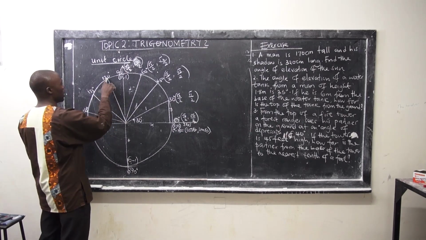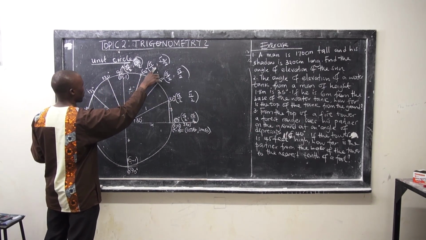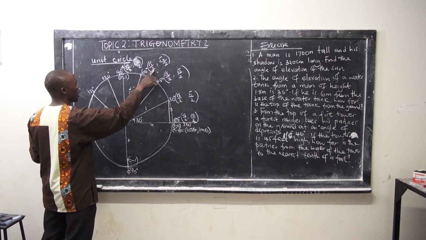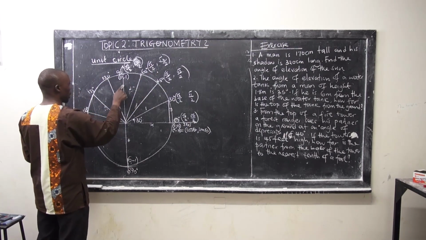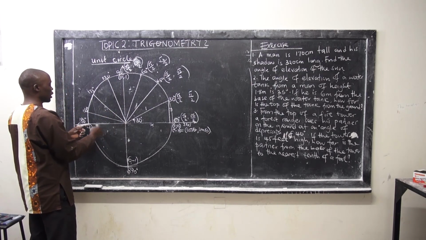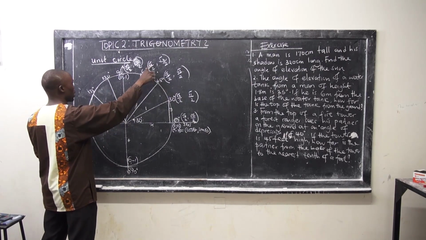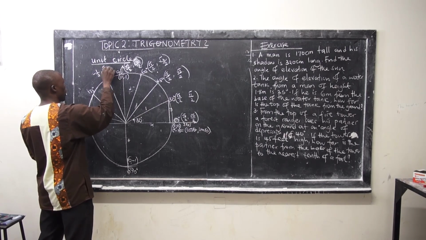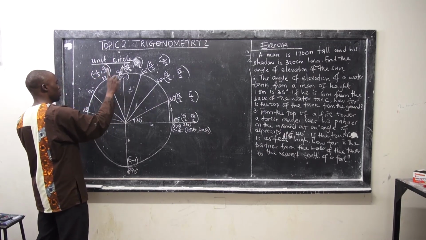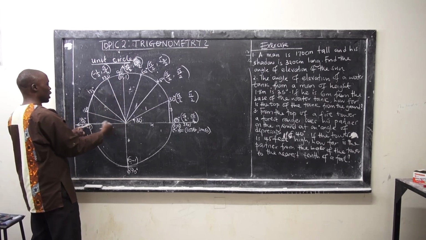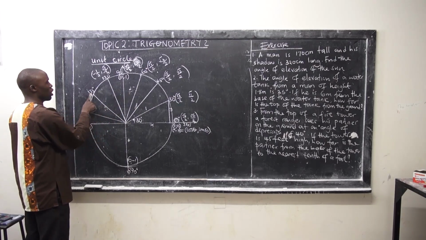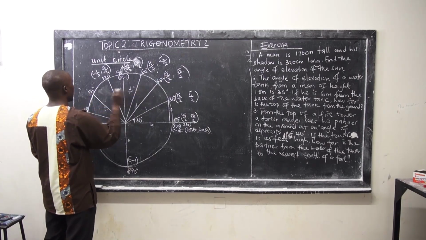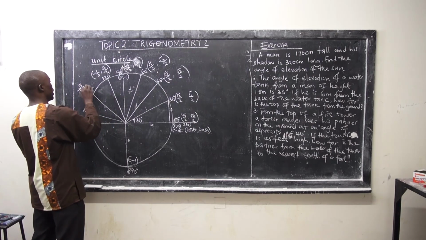Now the exact ratios or values corresponding to 120: we look at the axes here. The x-axis is negative, so it would make this value negative. So this would be negative a half with root 3 out of 2. The y value is positive. We're on the positive y-axis and the negative x-axis. So at 135, I would have this as negative and this one as root 2 out of 2.